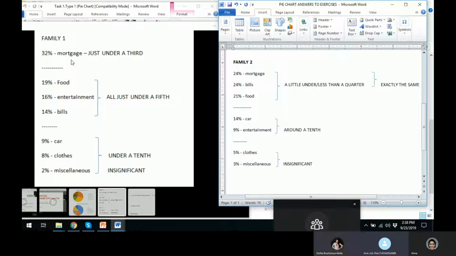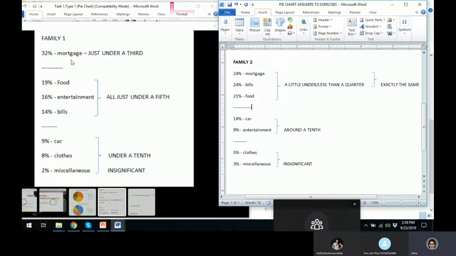Mortgage leads both families in percentage. So both of them had the highest budget for mortgage. However, for family one, it's just under a third, but for family two, mortgage is just under a quarter, which is exactly the same as for bills. Is that correct? Yes.